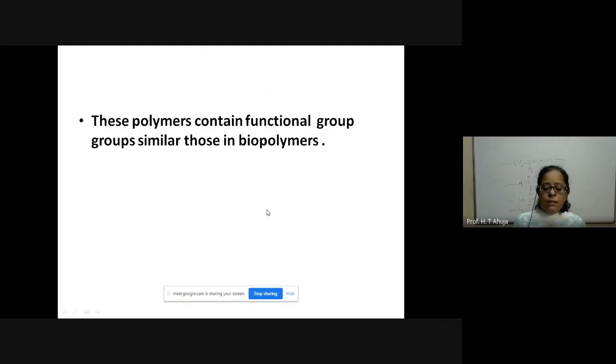This polymer contains functional groups similar to those of the biopolymers. When I talk about proteins, protein is a biopolymer. There are two types of functional groups present, one is carboxylic and one is amino. When they are linked together, we have an amide linkage which is formed. So these polymers contain functional groups similar to those of the biopolymers.